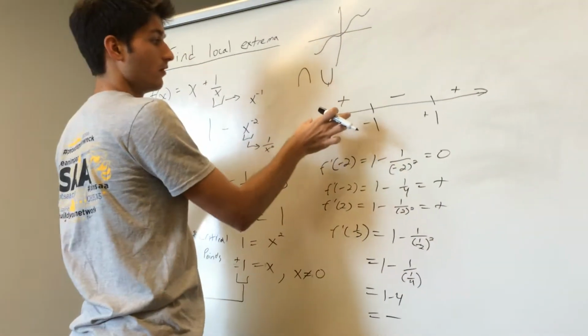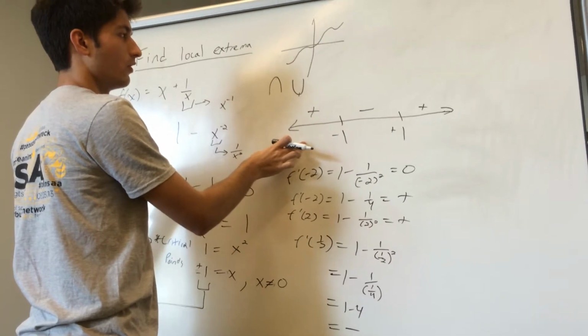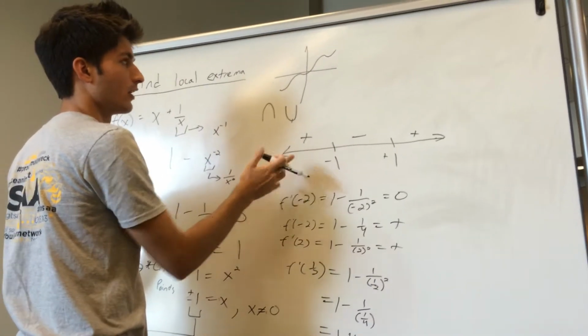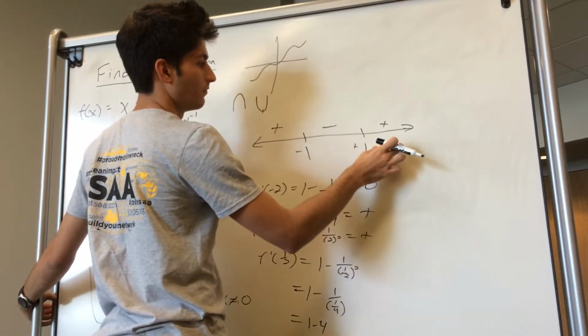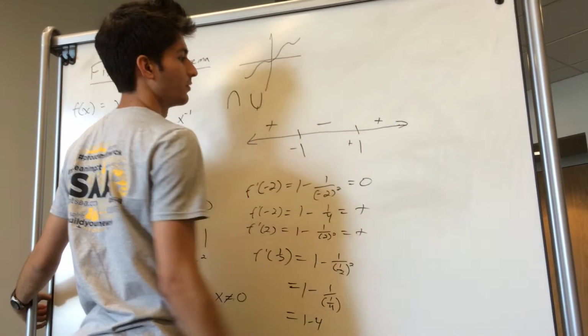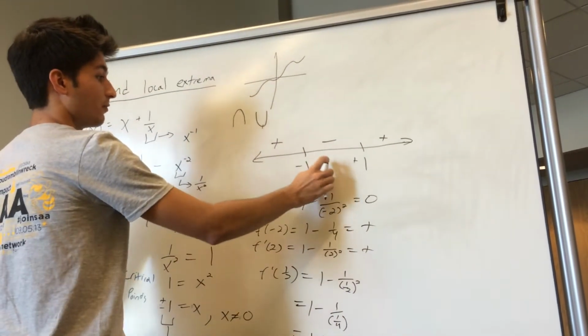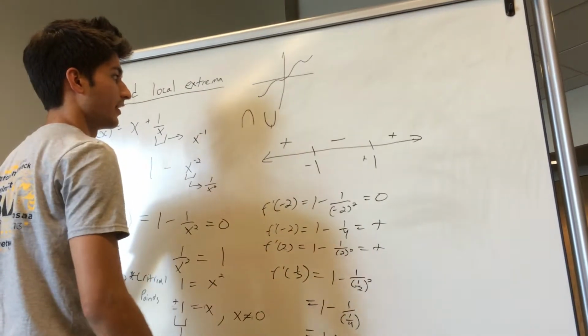So any x value less than negative 1, the slope is going to be positive. Any point where x is larger than positive 1, the slope is going to be positive. And at any x value in the interval between negative 1 and 1, the slope is going to be negative.